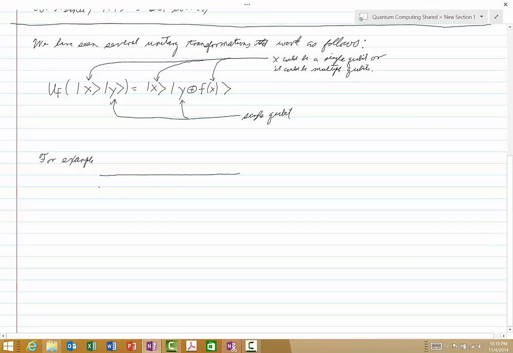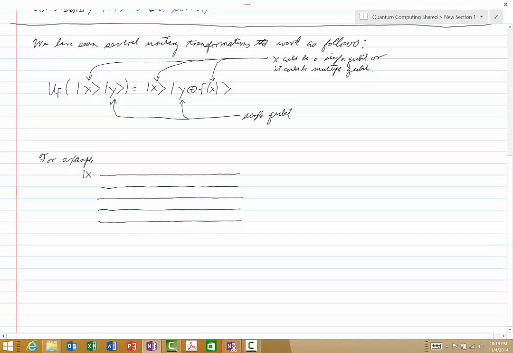So let's say that we have something like this. Now I realize that usually we have called these bits X, Y, and Z, but we can call them anything we wish.